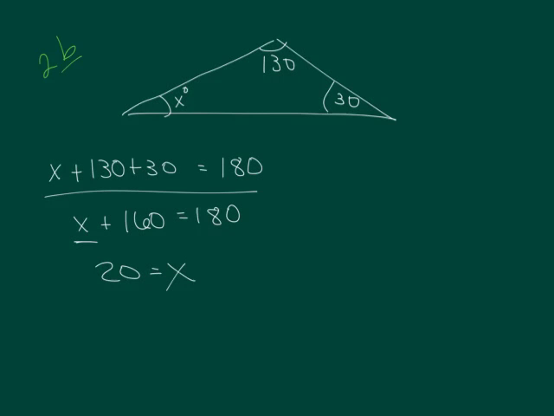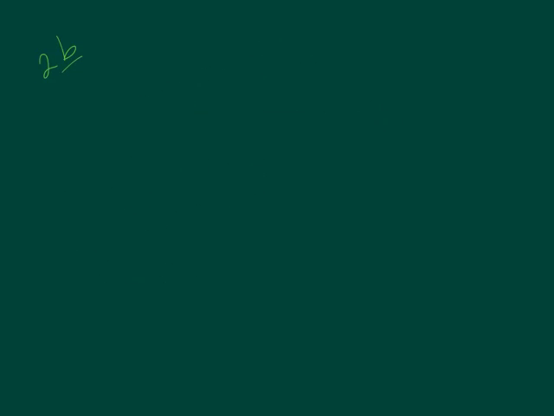Now, sometimes they will give you very little information, but they will also give you some clues in order to find out what you're supposed to be looking for. So in this one, they're giving you one angle, and they're asking you to find the other two, and they're also telling you that these two sides are the same length.